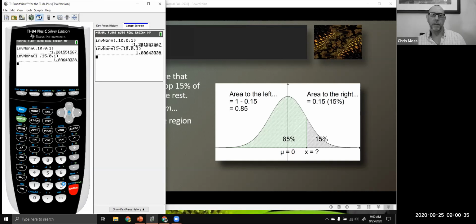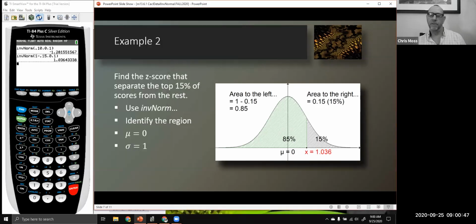And hit it. So I get a 1.036 and change, to 3 decimal places, 1.036. So the score that separates the top 15% was 1.036.